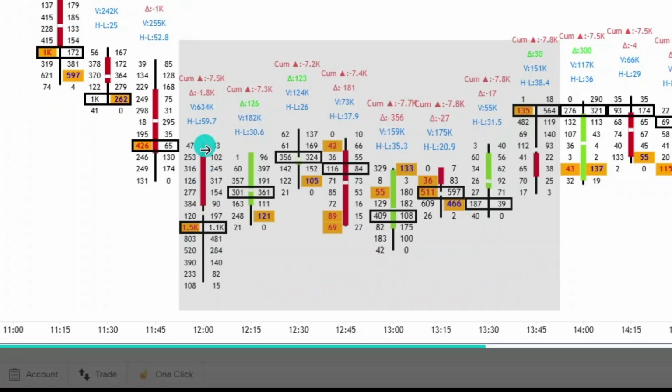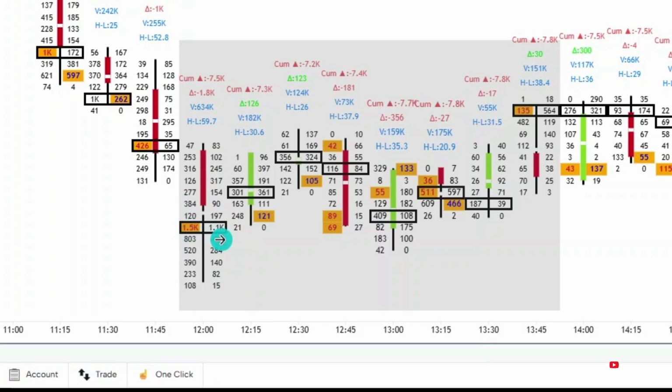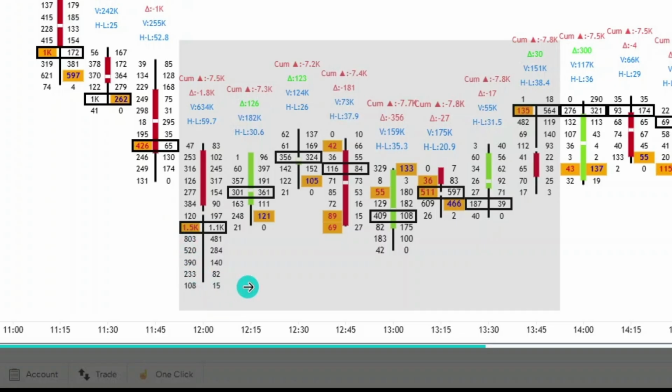If you focus here on this 12 o'clock candle, there was a strong dumping here, 1.8k, but despite the dumping, you need to observe prices are closing above these big orders, 1.5k, 1.1k. This is a clear indication some absorption is happening. Some passive buyers are coming in at the lower levels.